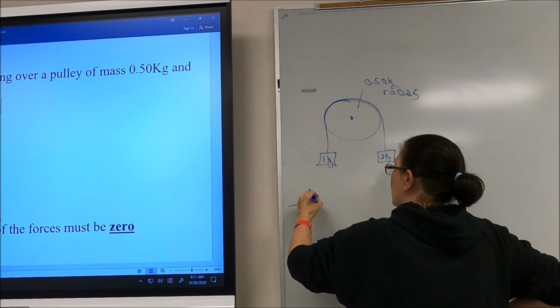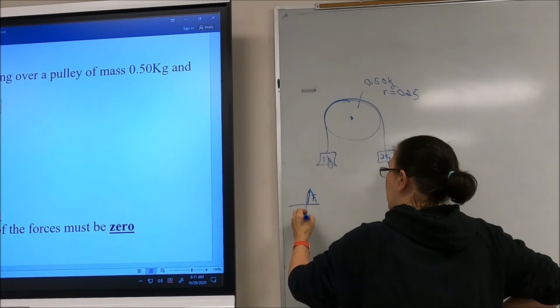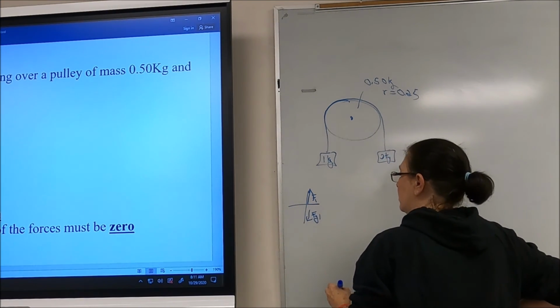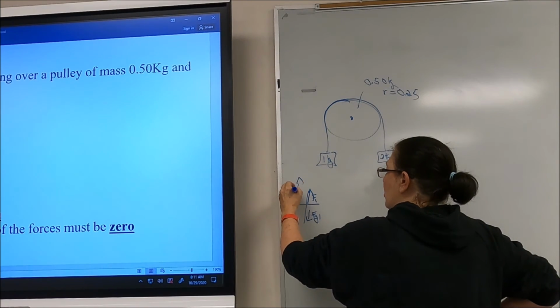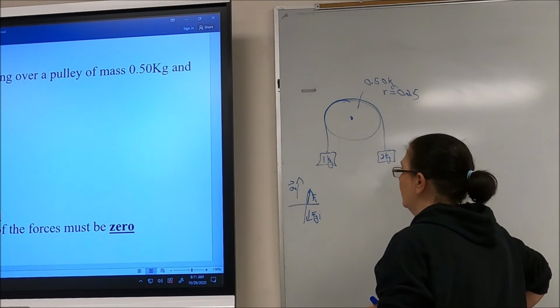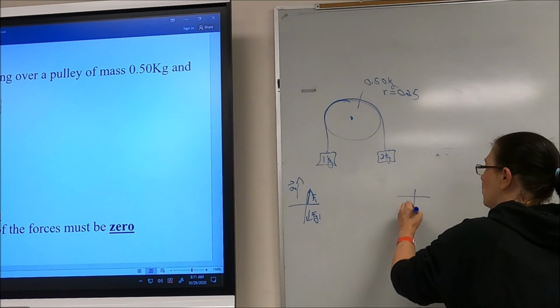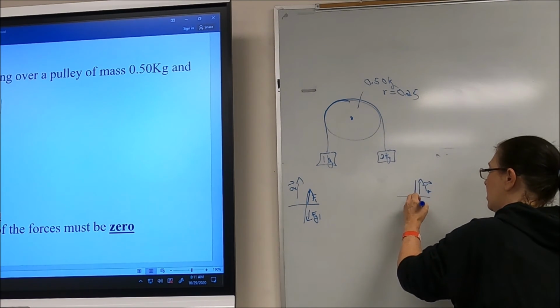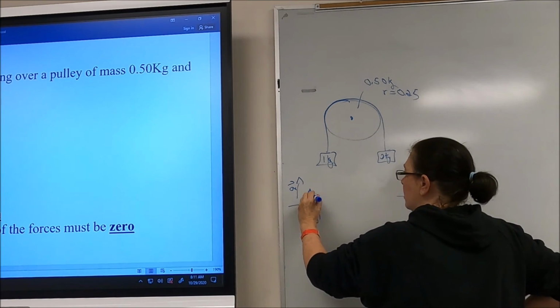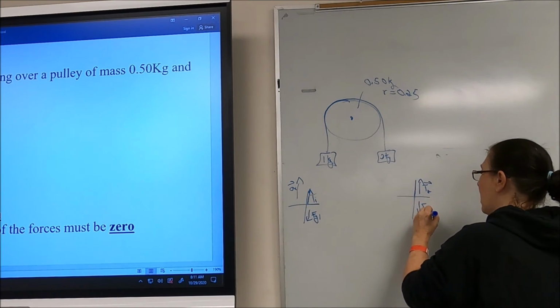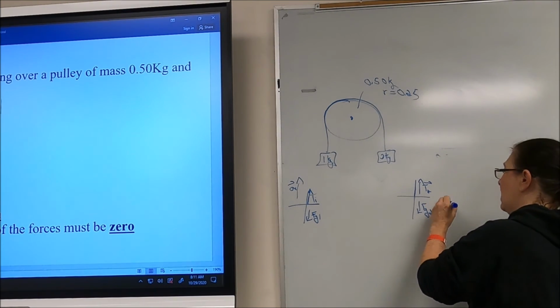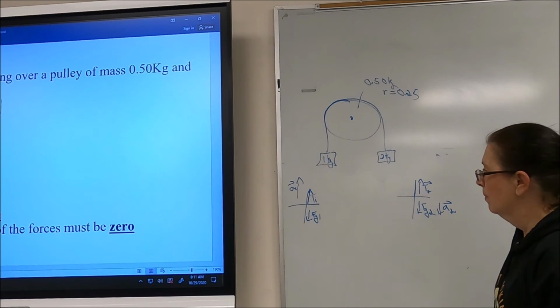For the hanging masses, I want to do free body diagrams. Okay, it's got a tension T1 here, and it's got a force due to gravity FG1 here, and I expect acceleration to be upward, A1. Our 3 kilogram mass, I'm going to have it having a tension T2 there, force due to gravity FG2, and I expect its acceleration A2 to be down.